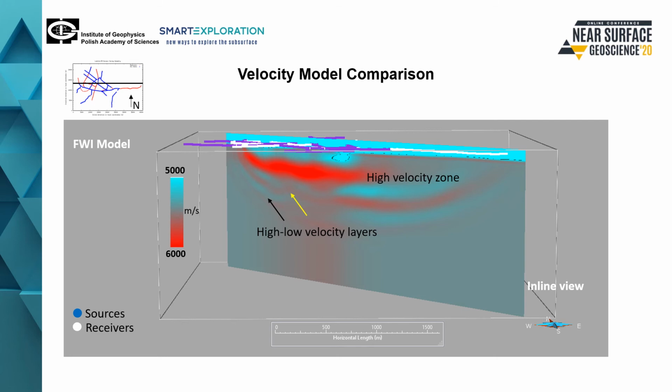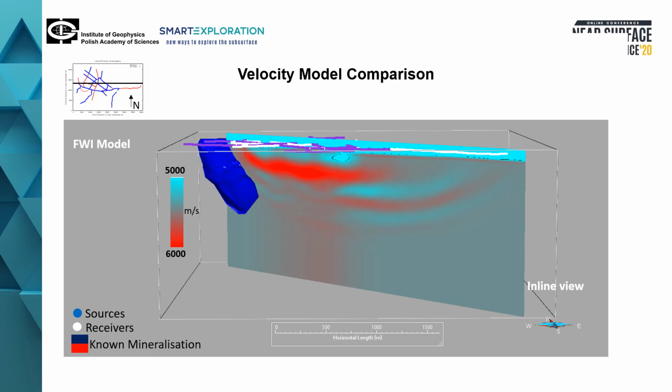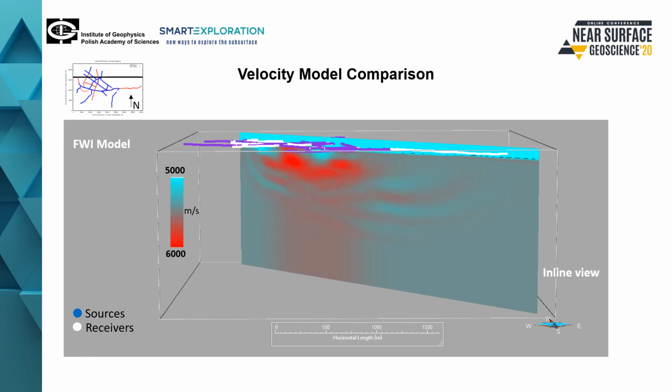Comparing the FWI model from inline to inline, we can observe that it consists of a high velocity zone in the upper part, along with a down-dipping altered band of high and low velocities dipping in the southeast direction. Now, if we project the known mineralization, we can again see it fits very well with the velocity model. Again, the same can be observed for another inline.